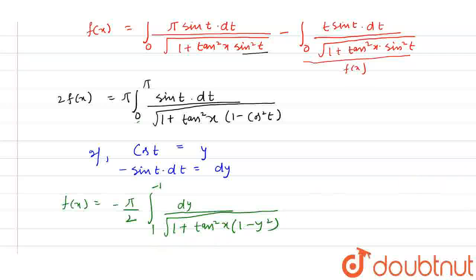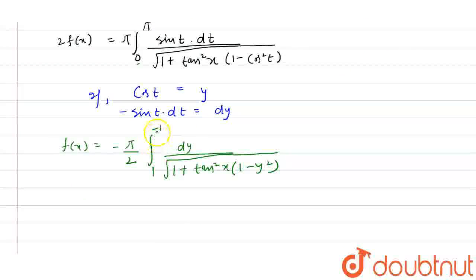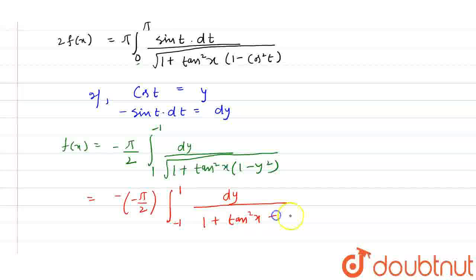Now if we change the limits, the minus sign goes, so this becomes pi by 2 integration minus 1 to 1 dy upon root 1 plus tan square x minus tan square x into y square. And we know that 1 plus tan square x is equal to sec square x.